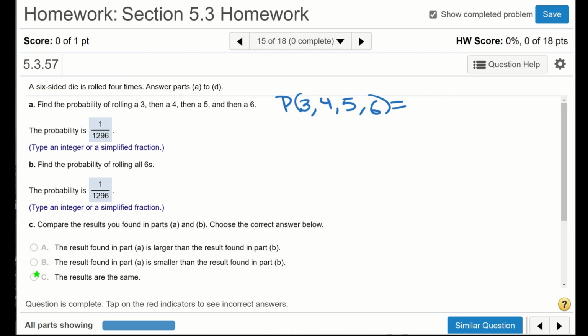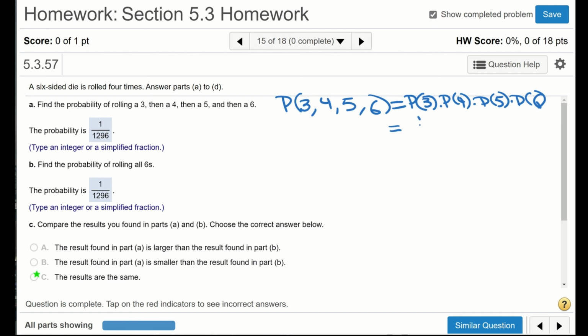So therefore, since they're independent, we're just going to get P of 3 multiplied by P of 4, multiplied by P of 5, and multiplied by P of 6. And of course, as you know, each of those events is going to have the same probability. When you roll a die, the probability of getting a 3 is 1/6. The probability of getting a 4, same thing, 1/6.